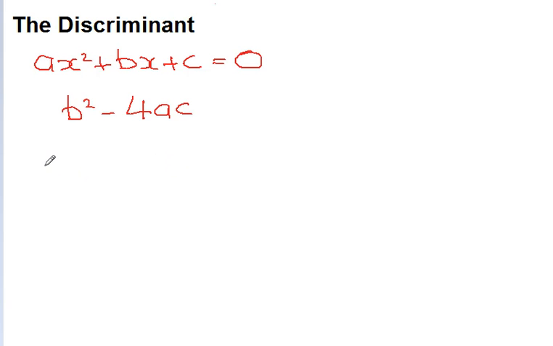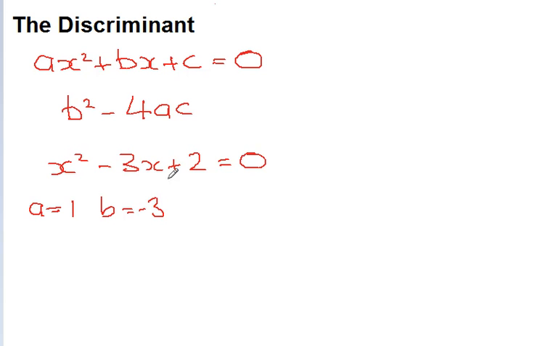Okay. So for example, if I had a quadratic where I had x squared minus 3x plus 2 equals 0, then in this case, a would be 1, because this is 1x squared, b would be minus 3, and c would be 2. So my discriminant would be (minus 3) squared minus (4 times 1 times 2).